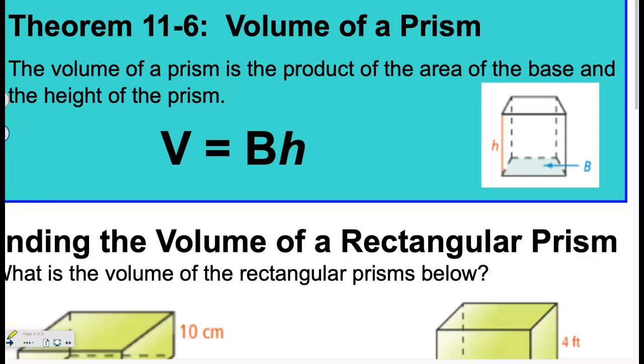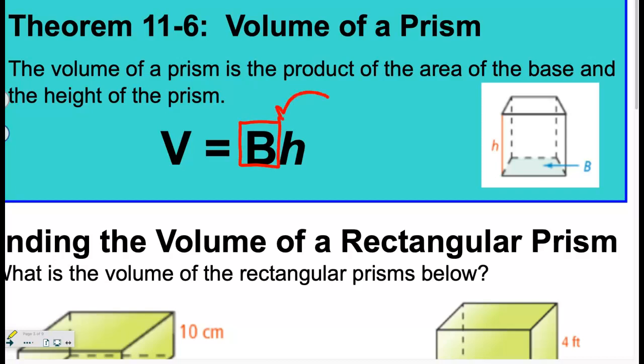So for any prism, whether it has a triangle on the base or a rectangle on the base, or like this guy, if you're watching the notes, I'm holding up a hexagonal prism. This one has a hexagon on the base. In your homework, there's one with an octagon on the base. There's one with a trapezoid on the base. All of them, you do the area of the base, so you should write that in on your notes.